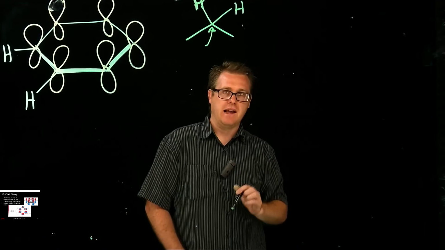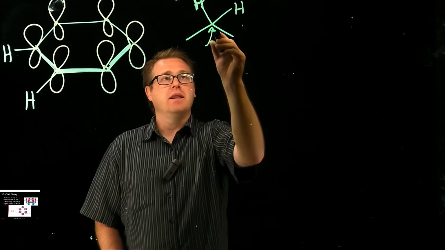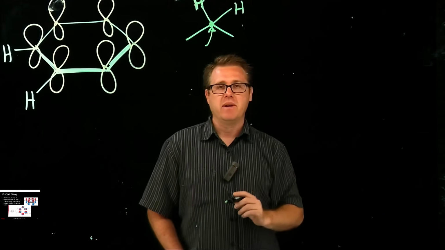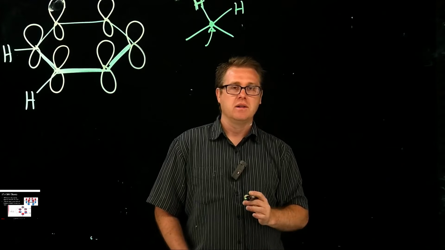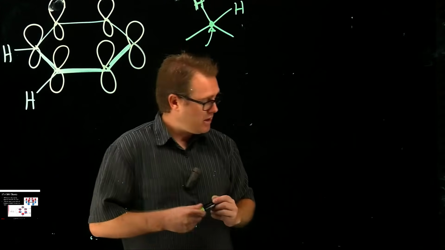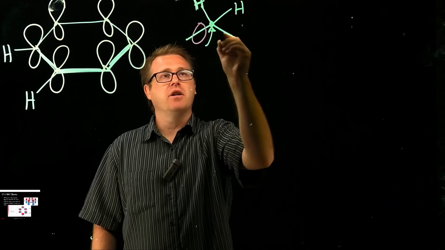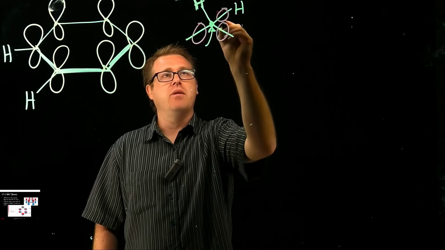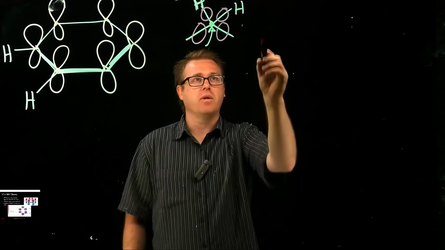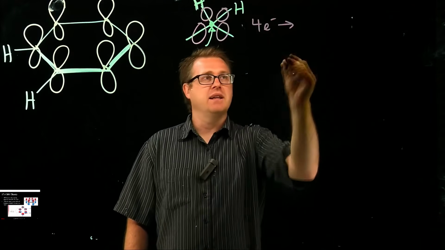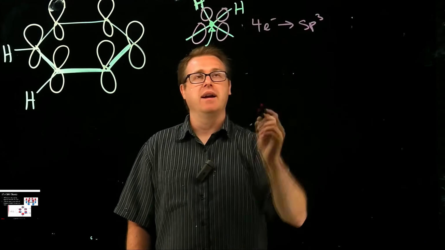How do you figure it out? Recall that when you're looking at this carbon right there, you just count how many electron groups there are attached to that carbon. So we have this electron group, that one, and that one. So there's 4 electron groups. And when you have 4 electron groups, that means it is sp3 hybridized.